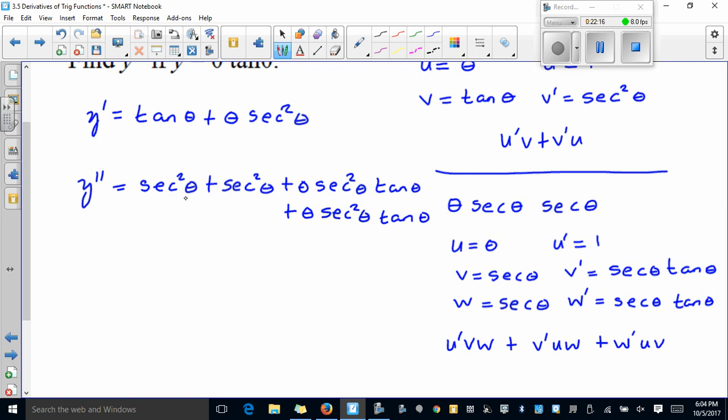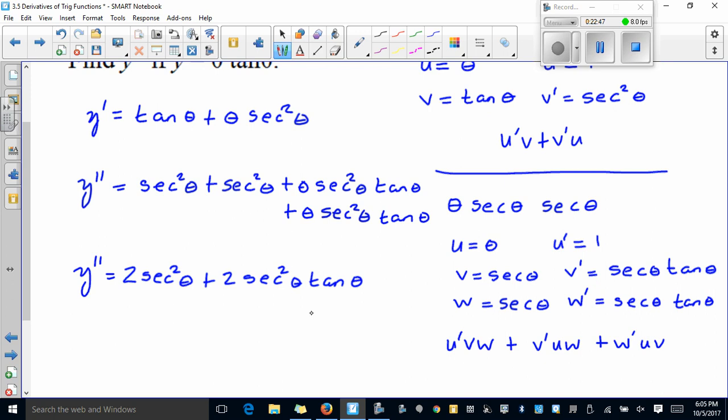Now we can do some cleanup here. Y double prime equals, notice I have this guy twice. Too bad I didn't write down 2. My eraser. So I have 2 secant squared of theta plus 2 theta secant squared of theta tangent of theta.